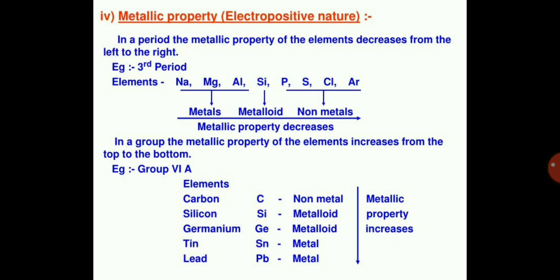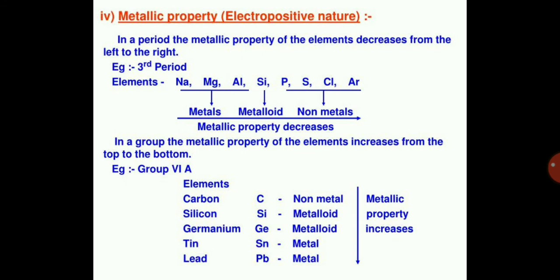Next is the metallic property, that is, electropositive or electronegative. In a period, the metallic property of elements decreases from left to right, for example in the third period from sodium to argon.